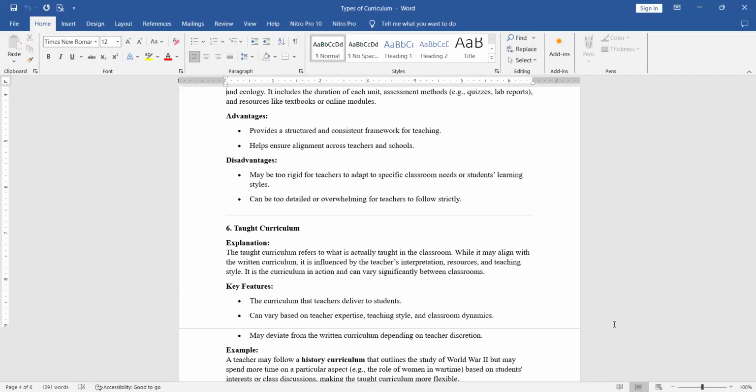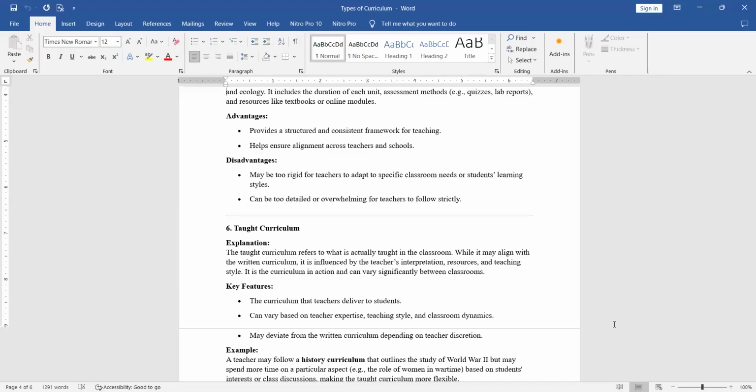That happens. It is aligned with the written curriculum. You are implementing the written curriculum. But when it comes to actual implementation, what is taught in the classroom and how it is taught slightly changes, and that is referred to as the taught curriculum. Why does it slightly change?